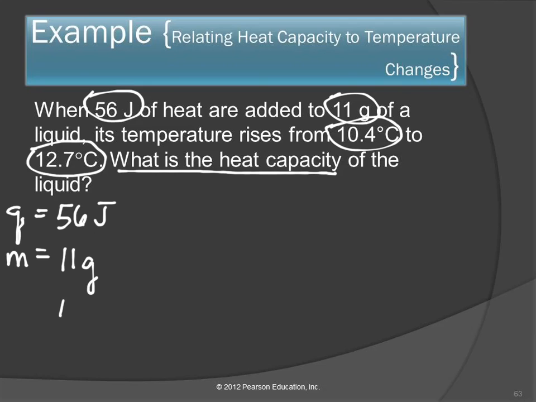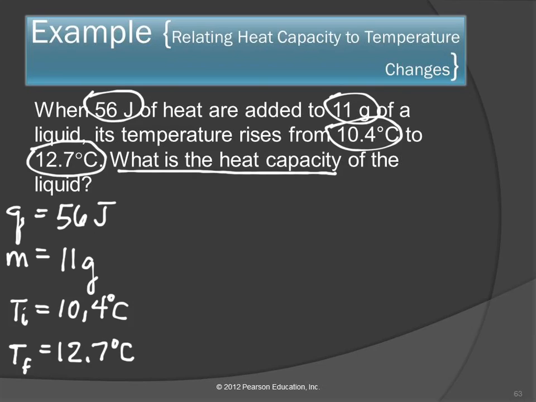We've got two temperatures here, 10.4 degrees Celsius and 12.7. One of those is initial and one's final. It says the temperature rises from 10.4 to 12.7. So 10.4 is the initial, that's where it started, and 12.7 is the final.